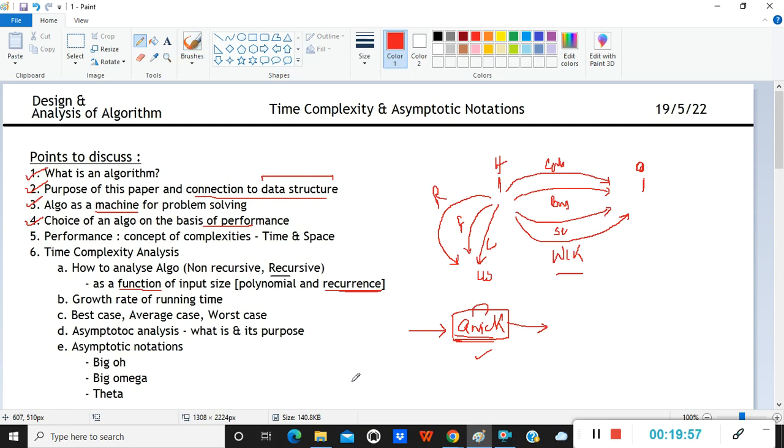Okay. Space means what? Can you clarify a bit? In case of a machine, it means how much space it is going to occupy to fit that machine.